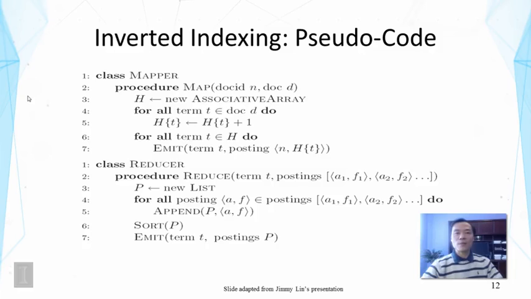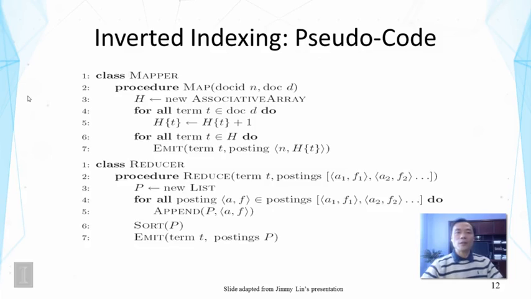In the case of map, it's going to count the occurrences of a word using an associative array, and it will output all the counts together with the document ID here. Right, so this is the reduce function. On the other hand, it simply concatenates all the input that it has been given, and then puts them together as one single entry for this key.